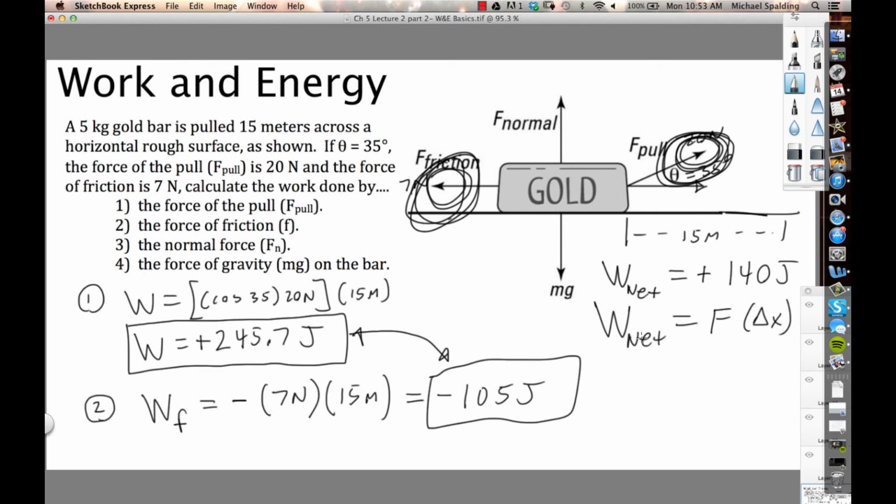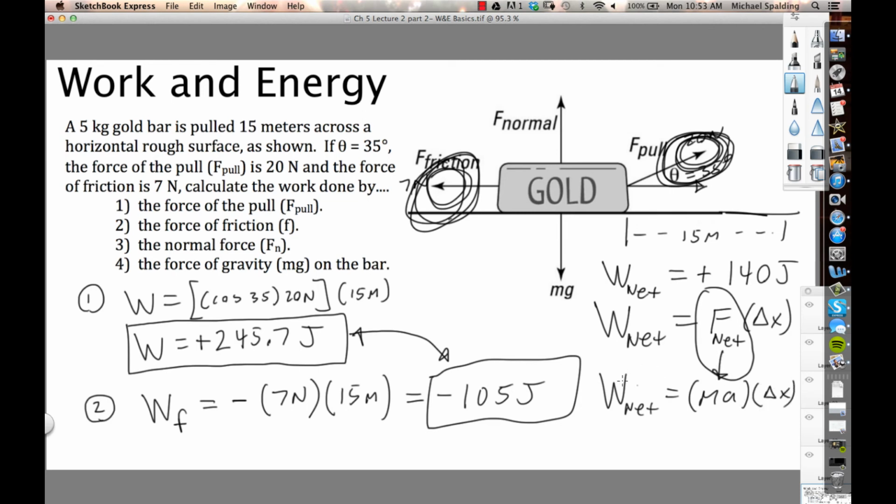But if you're talking about net work, which is simply total work, then this F is F net. Work net would be F net times displacement. But what's F net? From last chapter, that's MA, right? F net is MA.